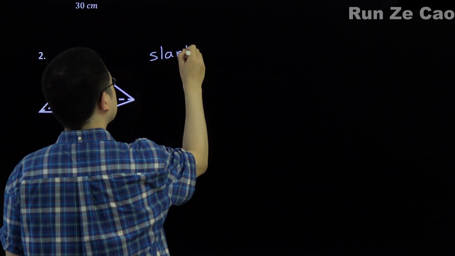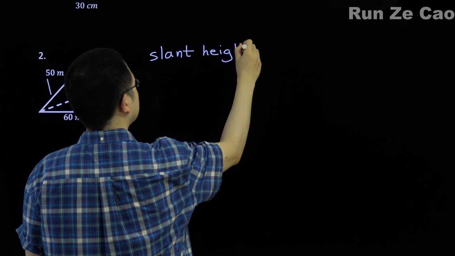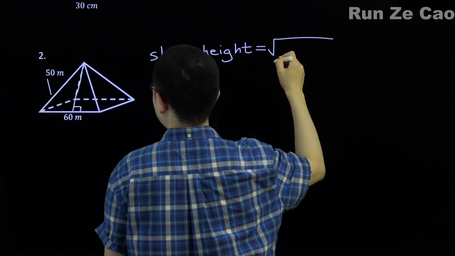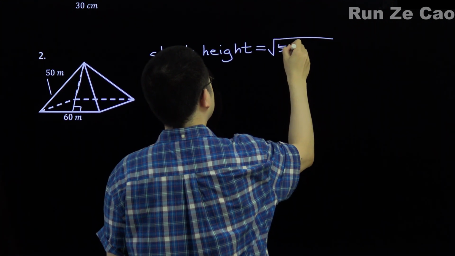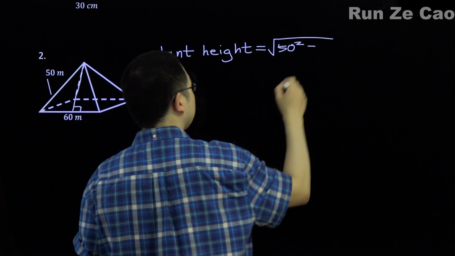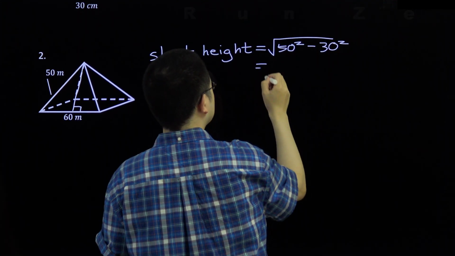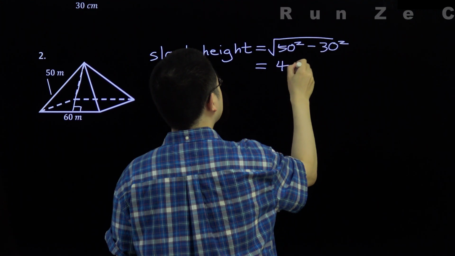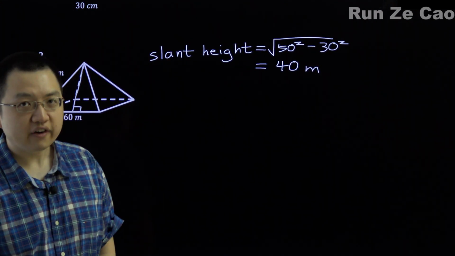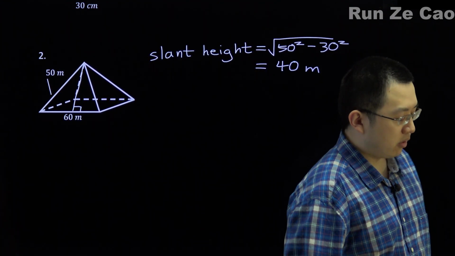Slant height is equal to the square root of 50 squared minus half of 60 meters, that's 30 squared. So we're going to end up with 40 meters for our slant height, because this is a 3, 4, 5 right triangle. The ratio fits.